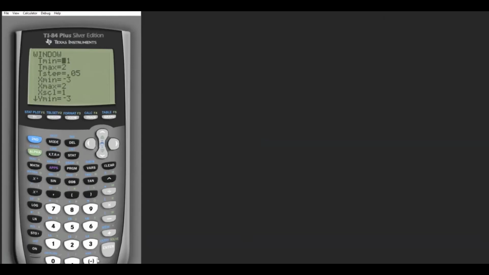So we're going to make this -3 to 3. We'll keep that the same. And then the other values, I'm not really sure what this is going to look like. So for now, let's just do a kind of standard window of minus, what should we do? Let's try -3 to 3, I guess. And we'll see what it looks like. If it doesn't look good, then we'll try again.